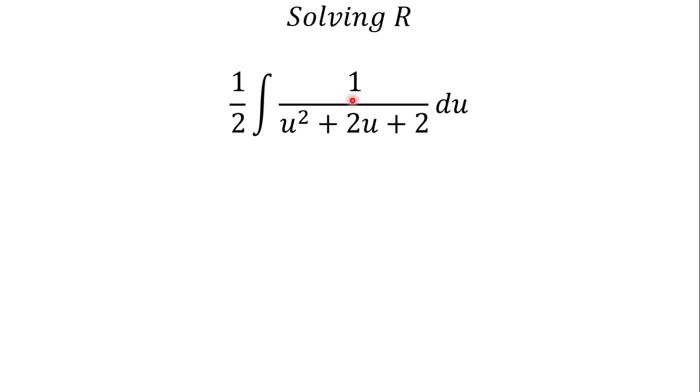I hope you all know what we are going to do here. Factorization. We will write these 2 as 1 plus 1, and then write 2u as u plus u.